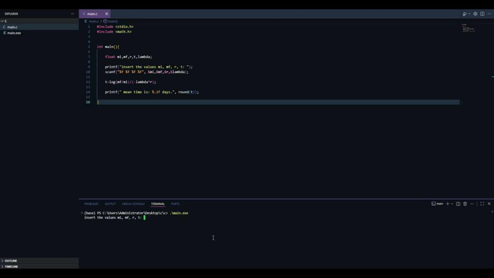Insert the values. The initial value, I have $100. It will be dropped to the half, to 50. The value of the tax of the bank, it's the 2%. And the t, no, that's not the t, that's the lambda.